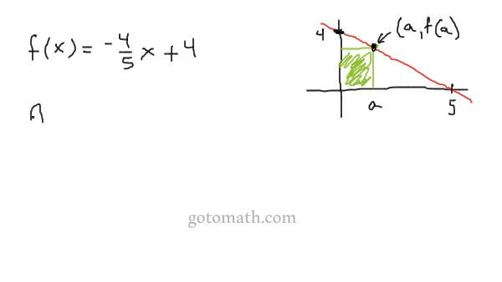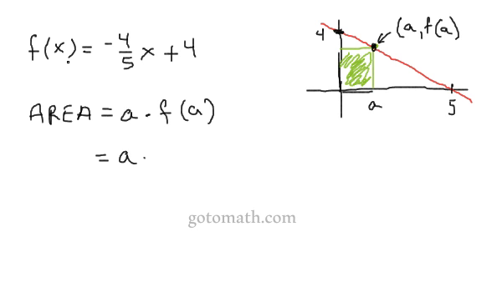So the area is equal to, right, it's length times width, but we'll call this piece right here, it doesn't matter, but anyway, this distance is going to be A, and then of course this distance here will be F of A. So A times F of A. So our F is up here, our F of X, and we're just going to plug A in for X here.